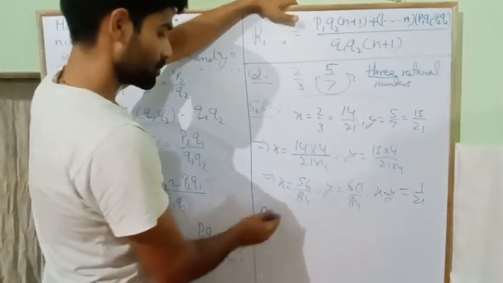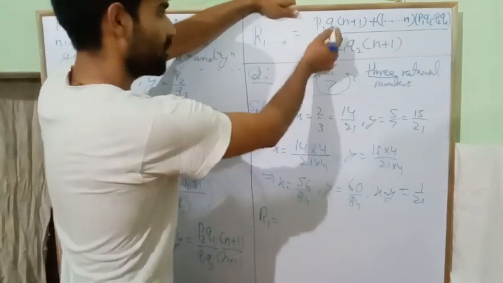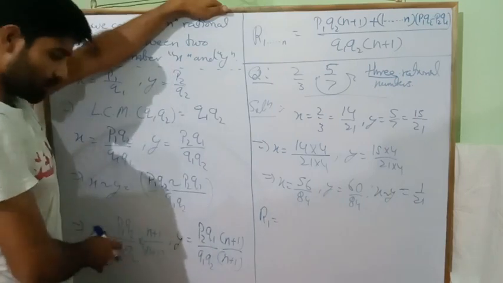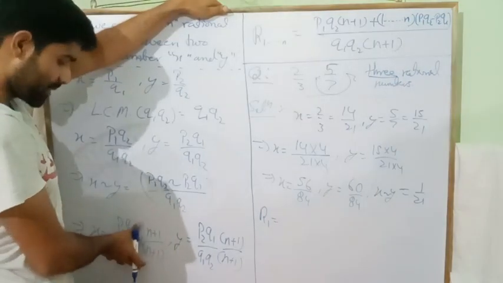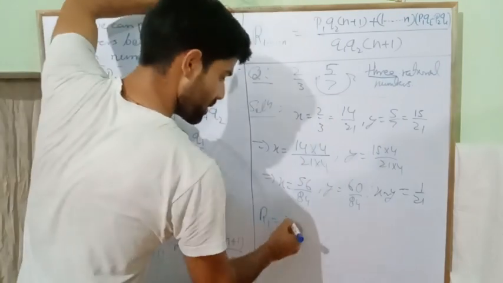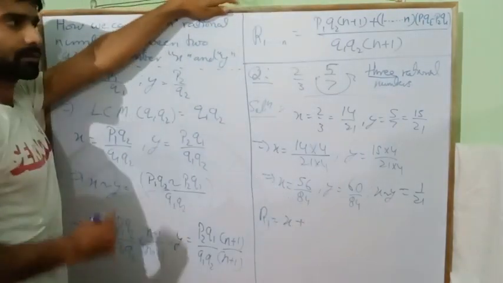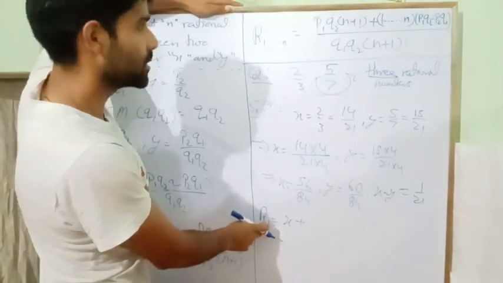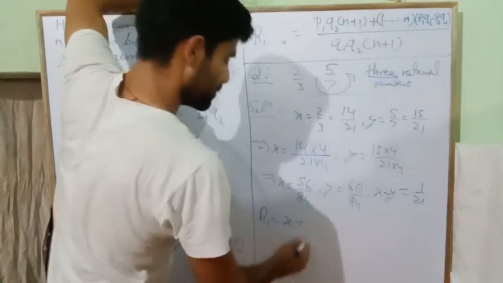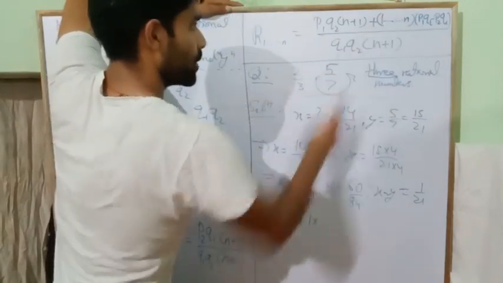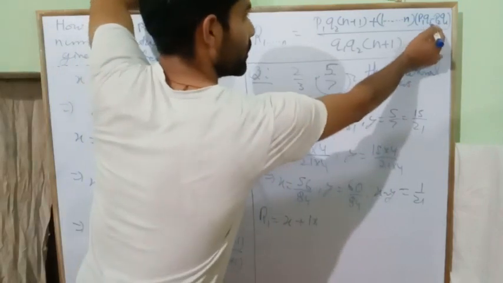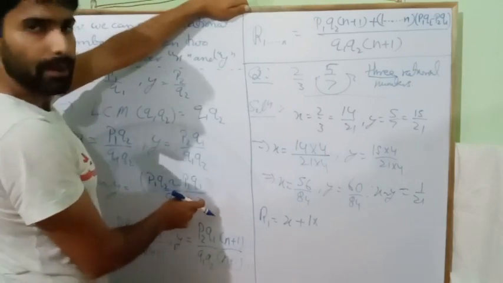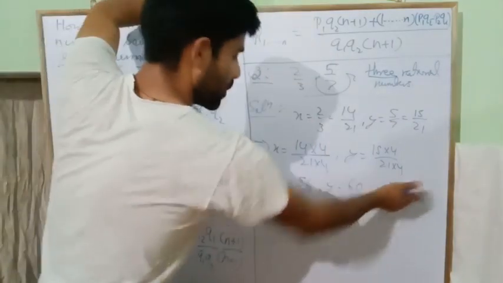Then R1 is the value of x plus something. We have to introduce the first rational number, so we take the first digit, 1, into the difference between them, p1 q2 minus p2 q1 upon q1 q2, upon n plus 1.